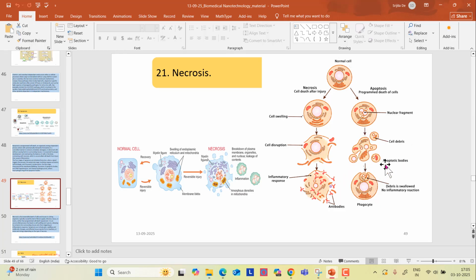They form different apoptotic bodies, and these apoptotic bodies are engulfed or swallowed by other phagocytes. So that does not lead to complete death of the cell. Okay. So this is the basic difference between apoptosis and necrosis.